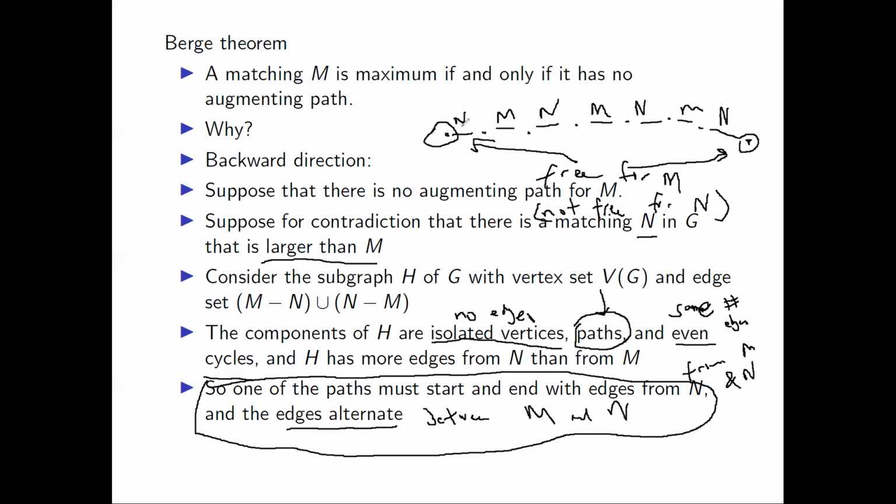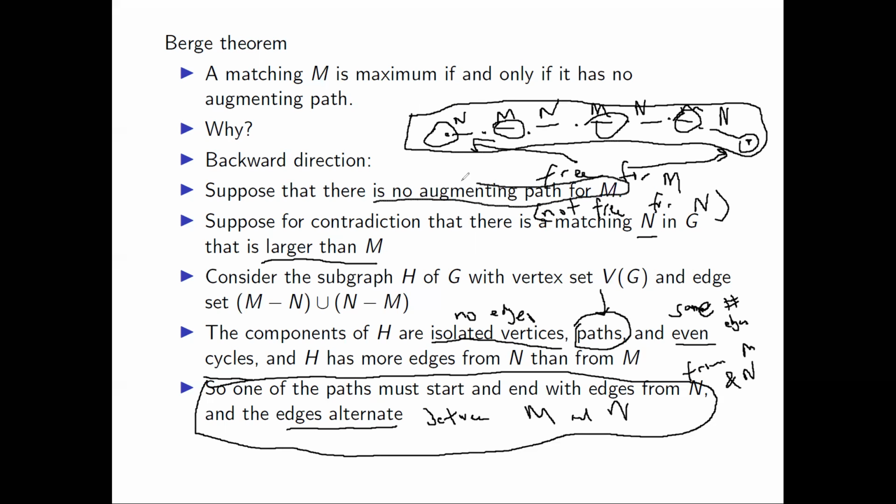And we can see that these edges alternate between being not in M and being in M. And then that means that this whole thing right here, what do we have there? It looks like we got an augmenting path for M there.